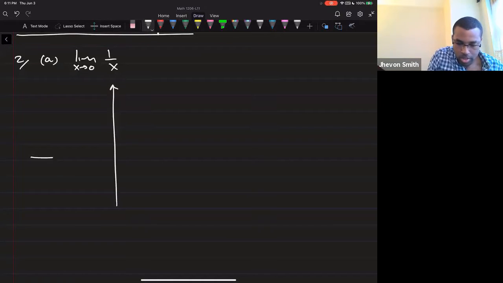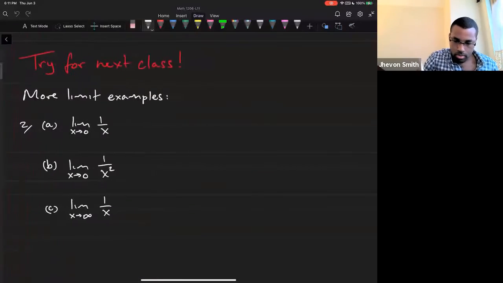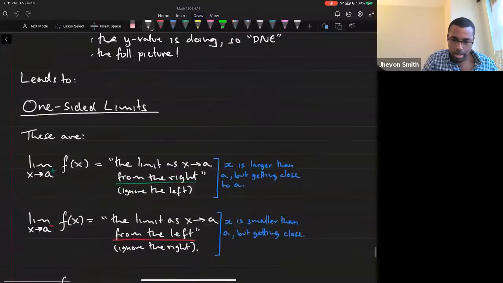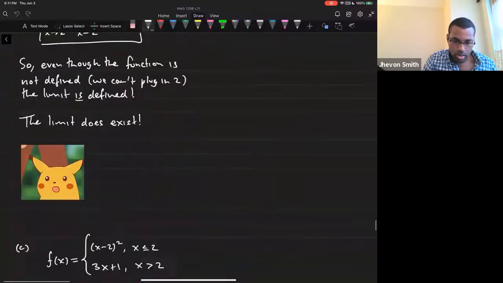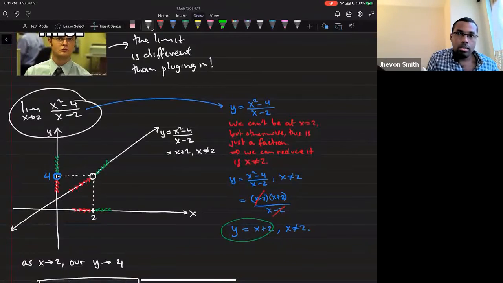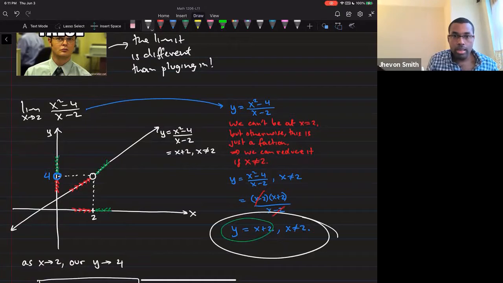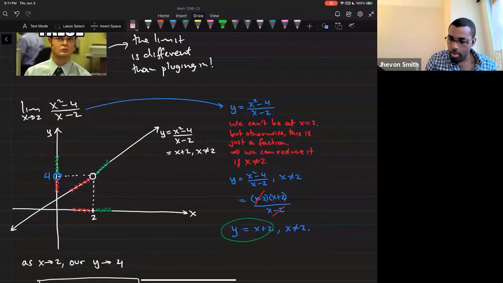So this is definitely one of those situations where you can't plug in. But the trick that we used before, there was an example where we couldn't plug in the value over here either. However, we could have simplified to get this expression, and that's something we can figure out what's going on with.